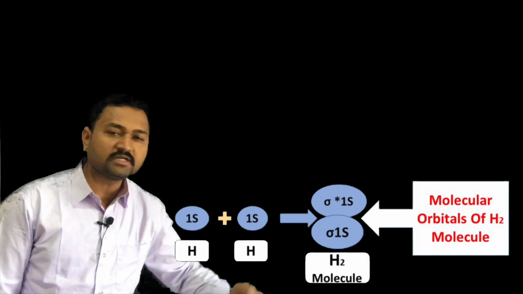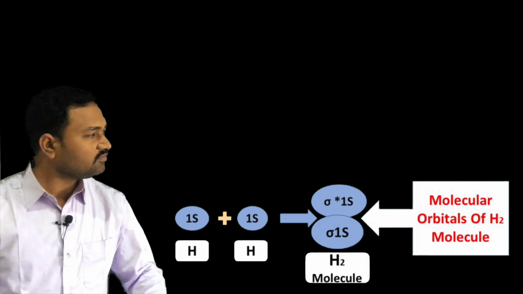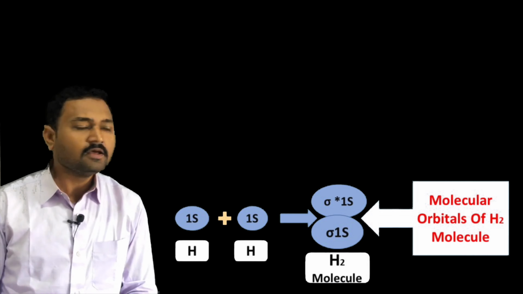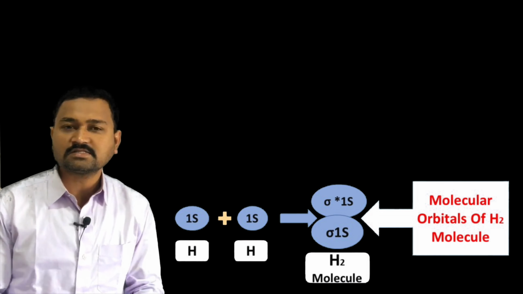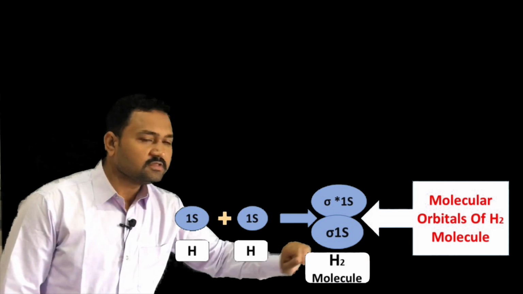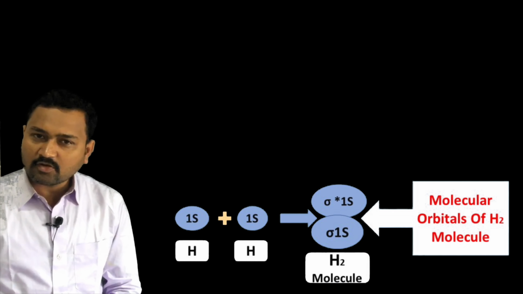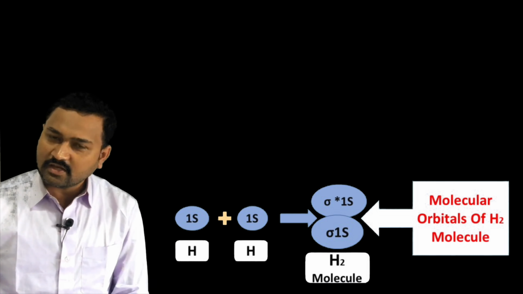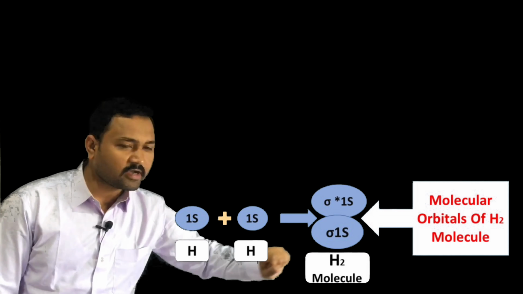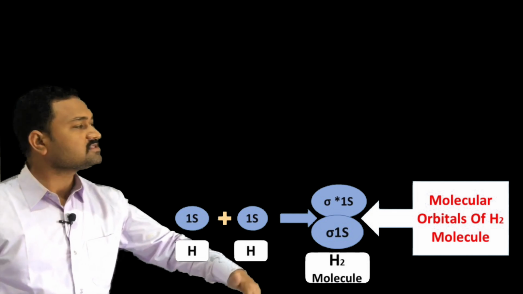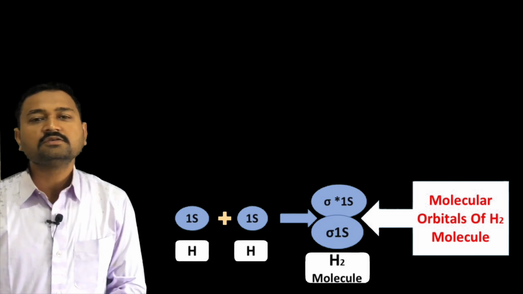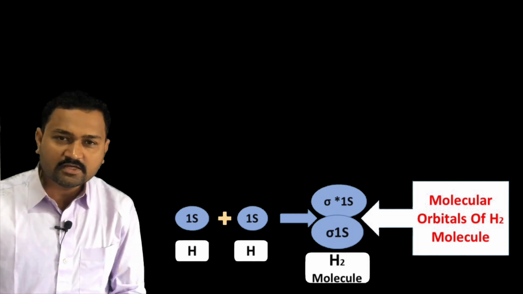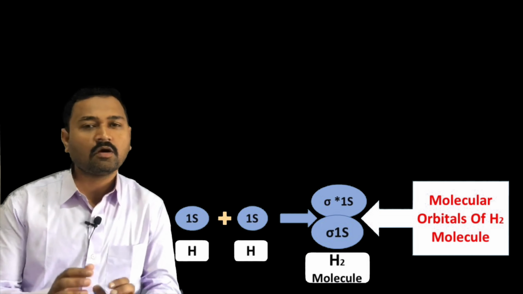One is represented by sigma 1s, while the second is represented by sigma star 1s. This sigma 1s molecular orbital is lower in energy, hence it is known as a bonding molecular orbital, while the sigma star orbital is higher in energy, hence it is known as an anti-bonding molecular orbital.